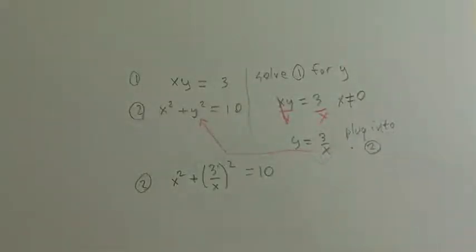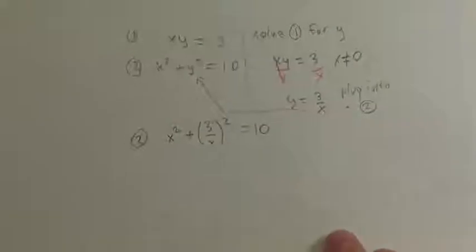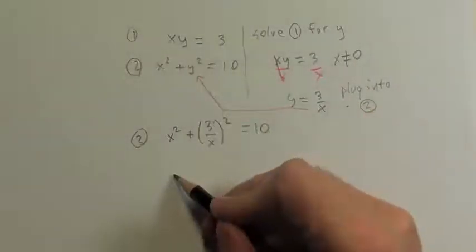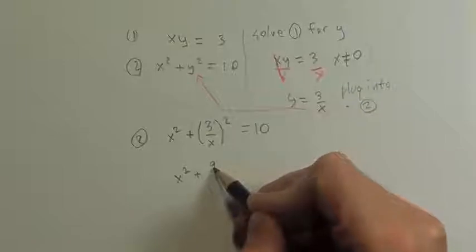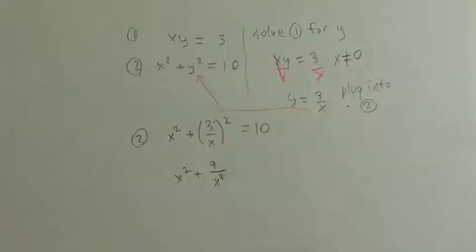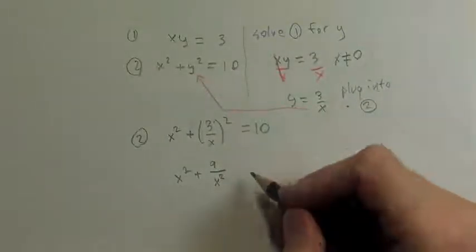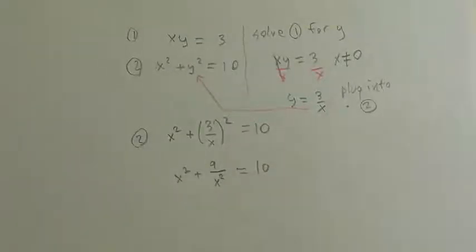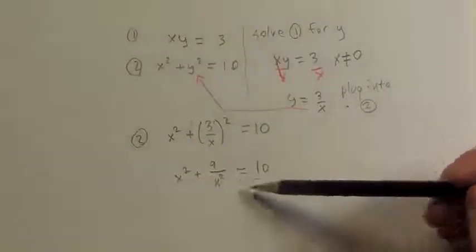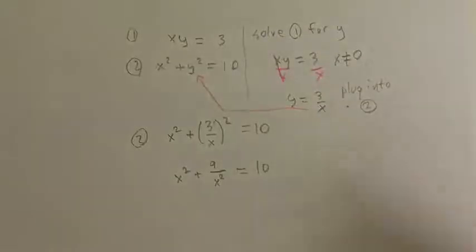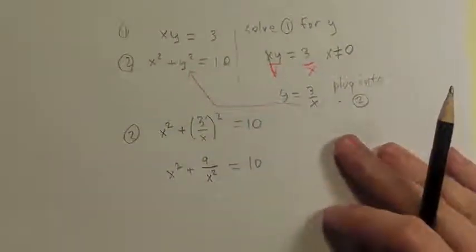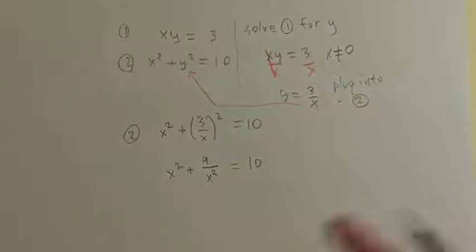Okay, so we're going to simplify this. 3 over x all squared, that's going to be 9 over x squared, right? Because you can square the top and the bottom, and that's equal to 10. Now what we're going to do is we have this fraction that we don't really like, and remember, when we have fractions, we can always multiply by the denominator, or something that will get rid of the denominator.